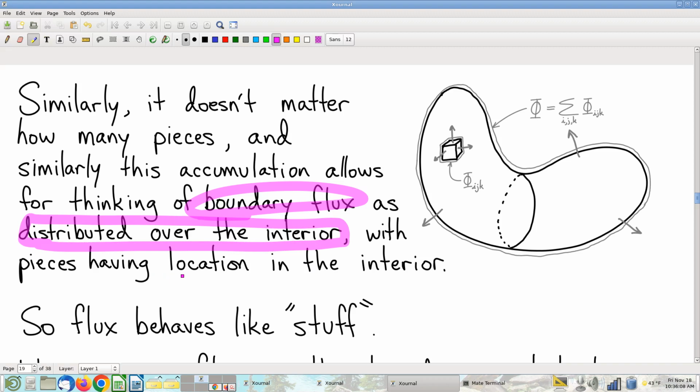And little pieces of it have location. You can talk about where certain quantities of boundary flux come from in the interior, right?